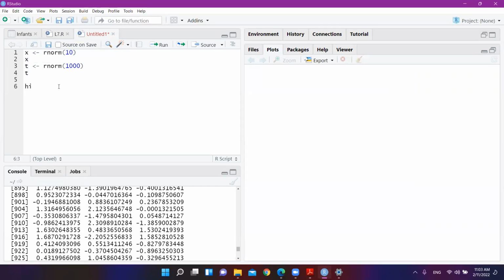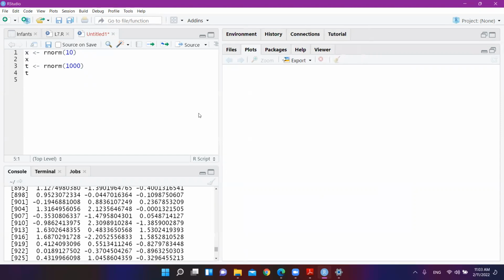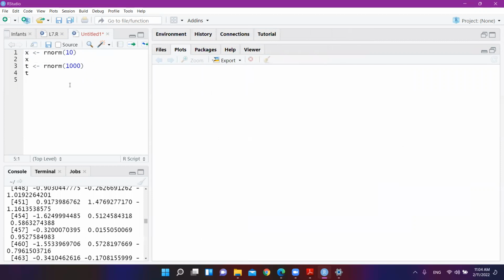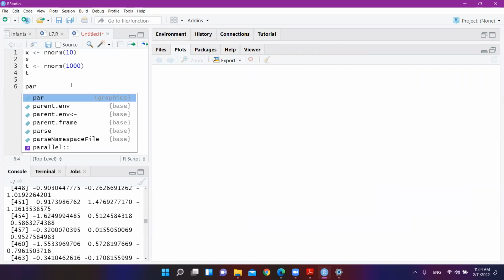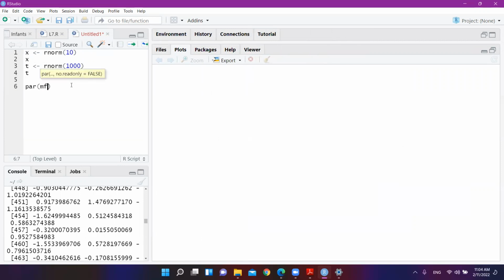I'm going to get the histogram. I'll just take the histogram in one plane so that you can understand. Don't worry about the code. I'm just showing you. People who do R know this, but others just watch.